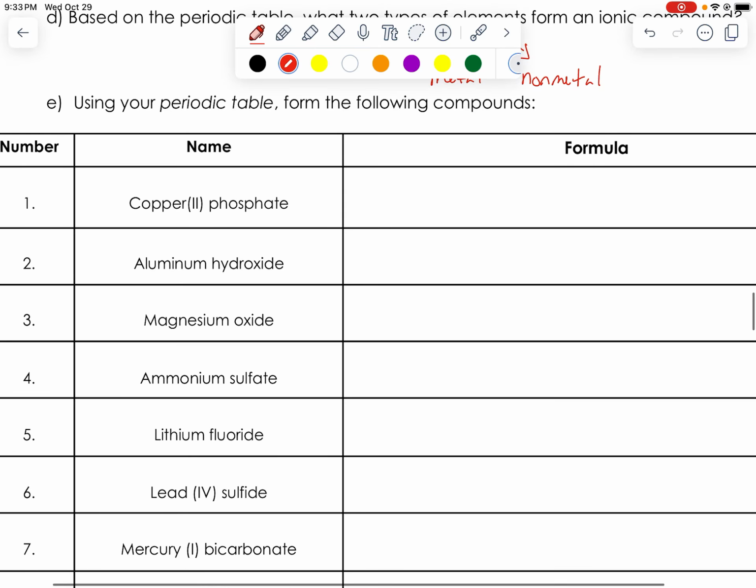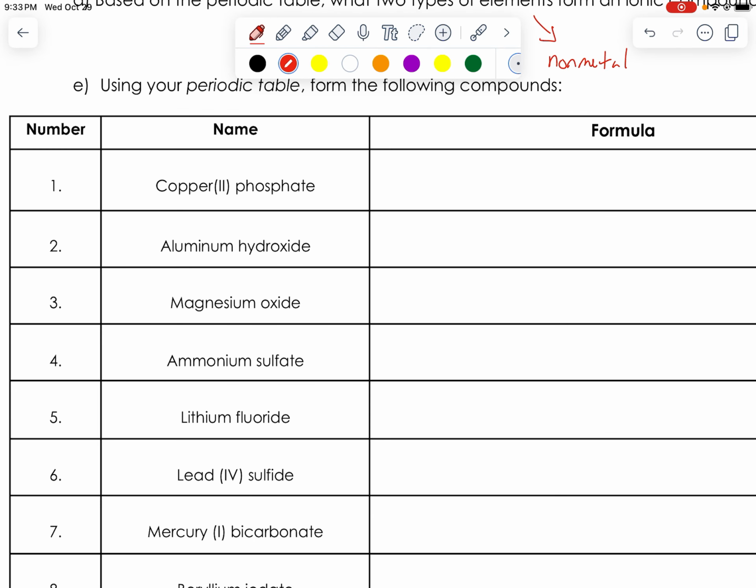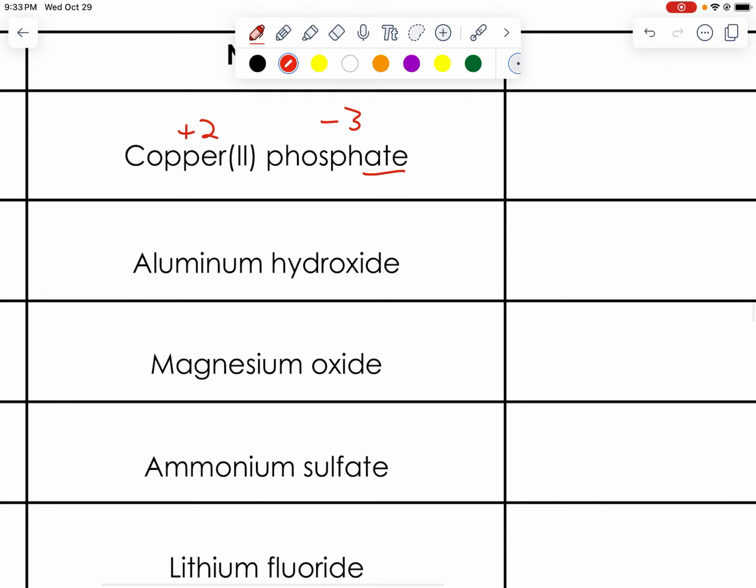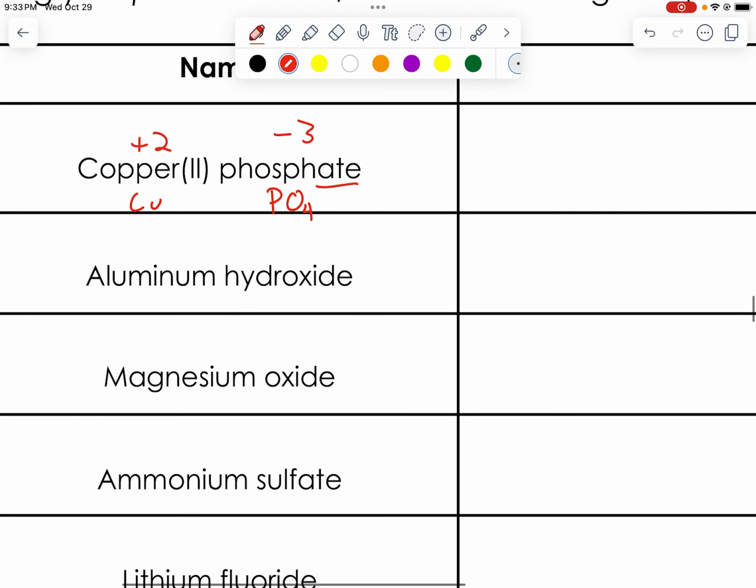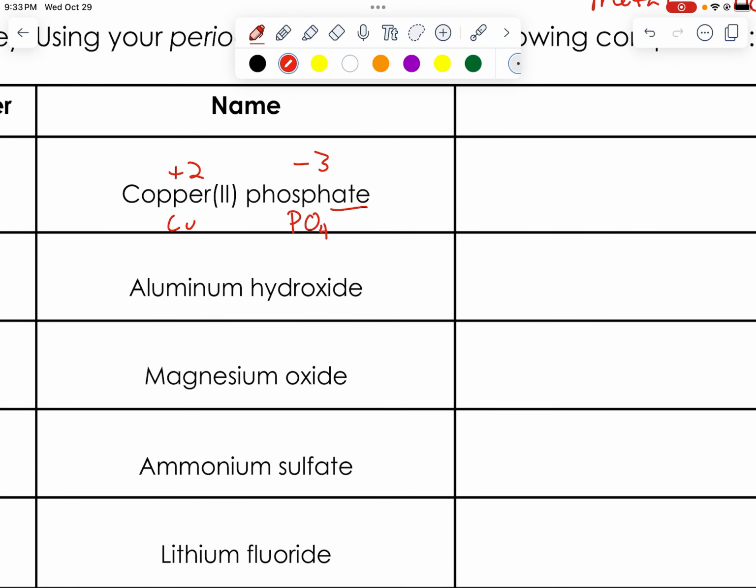So if we look at the first one, we have copper 2. So copper's plus 2. And then phosphate is a minus 3. It ends in an ate, which means you have to look it up on the back of the periodic table. You're going to find that it's PO4. Copper, of course, is Cu. With ionic compounds, this is where you have to crisscross your charges.